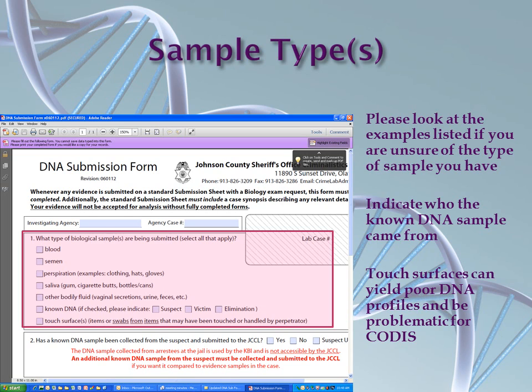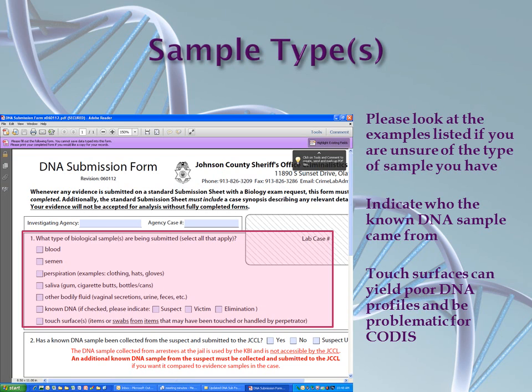So these are things like clothing, hats, gloves, sunglasses, things like that. The next one is saliva, and this is anything that would have come in contact with somebody's mouth. So gum, cigarette butts, bottles or cans, envelope seals, things of that nature.